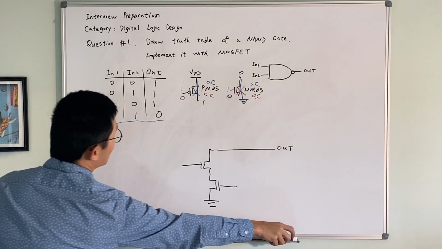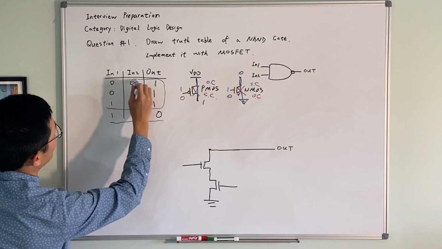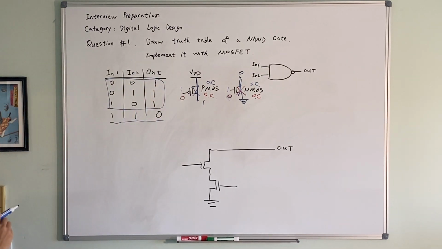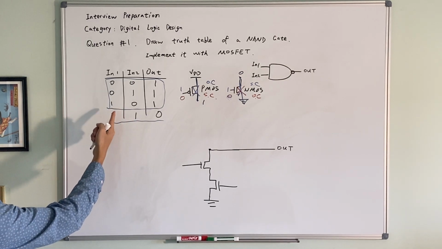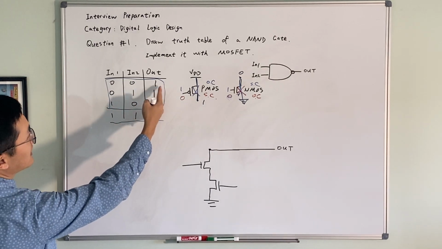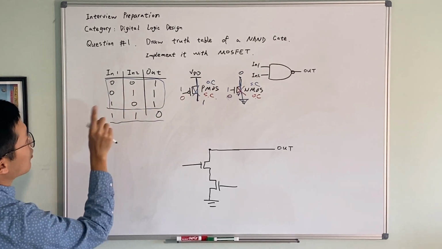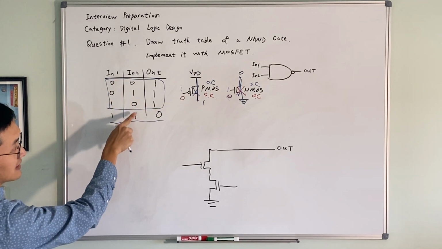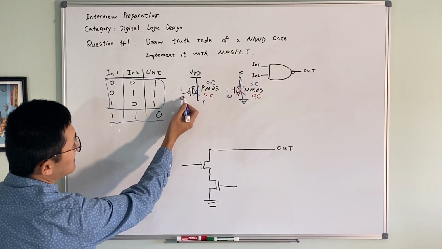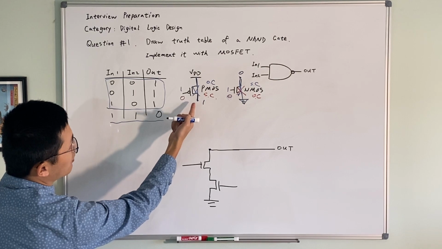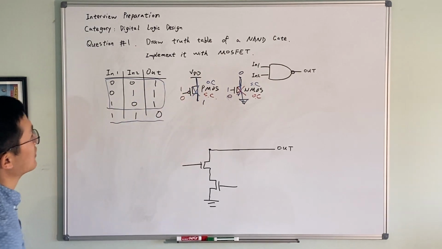And now let's look at this portion of the table. A quick observation would tell us that the output is a 1 if at least one of the two inputs is a 0. So we know that when the gate is at 0, the pull-up network pulls the output voltage up to high, to a logic 1.